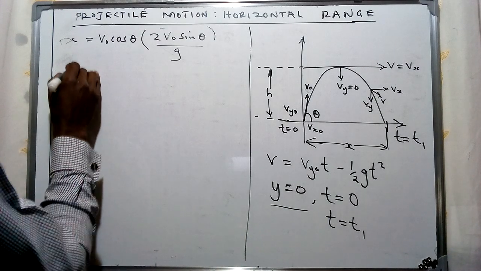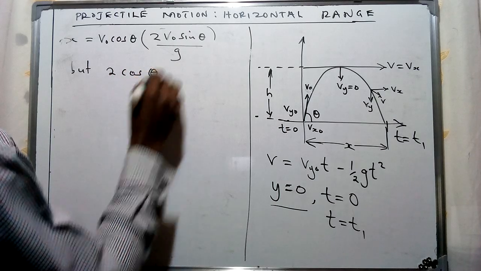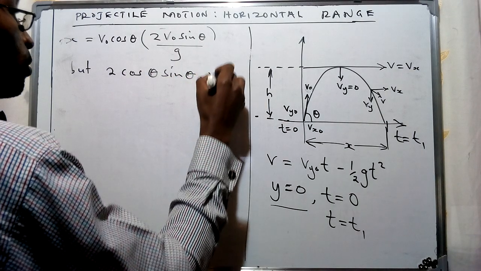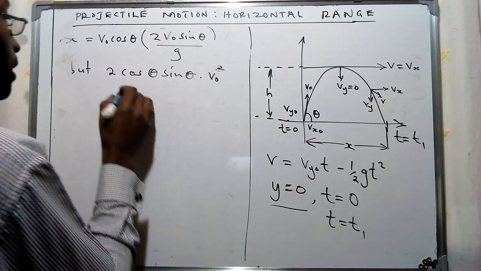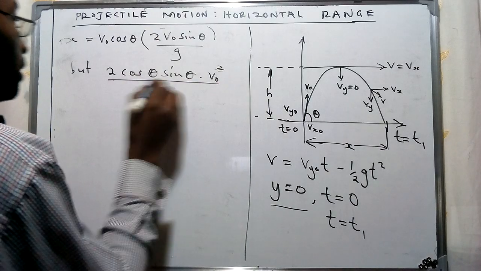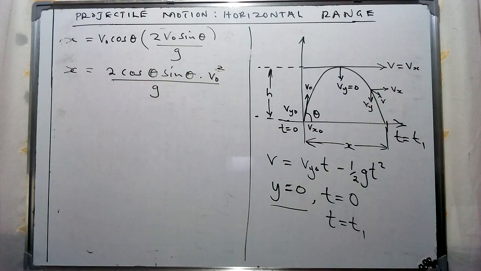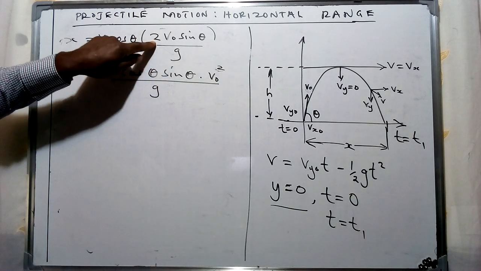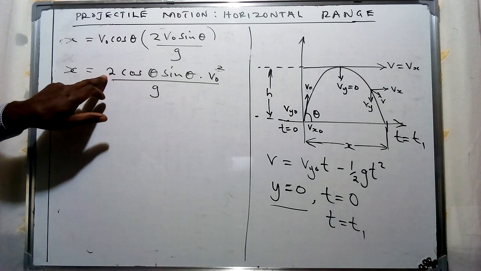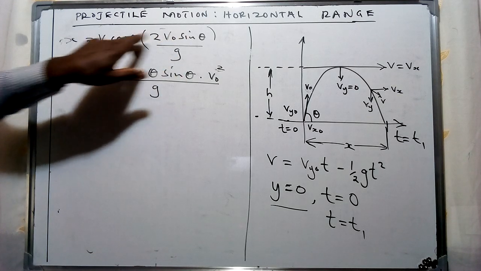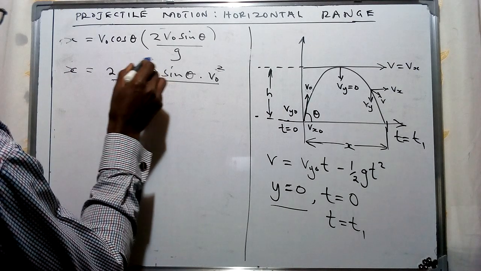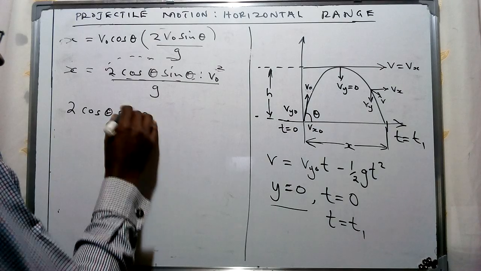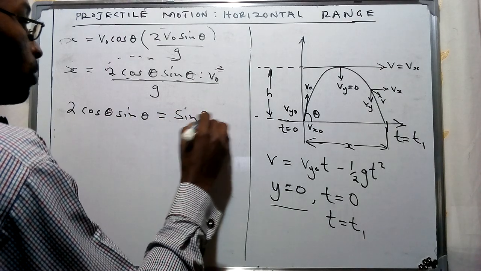In this case, we have the cosine of theta and the sine of theta as one part of this function, and then the square of v naught given by this product. So v naught and v naught form the square, and this two is a numerical coefficient, with the cosine and the sine combined. I've done this deliberately, because 2 sine theta cosine theta is equivalent to the sine of 2 theta.